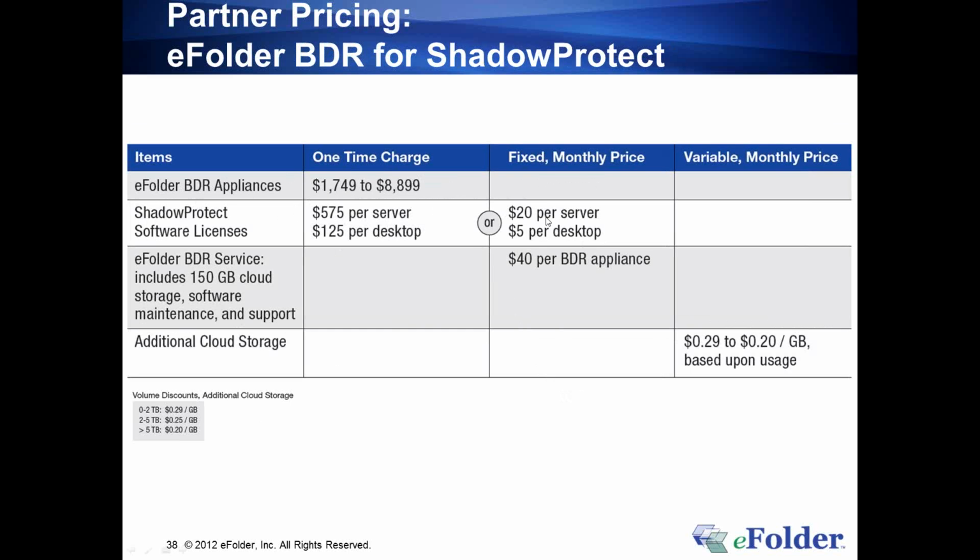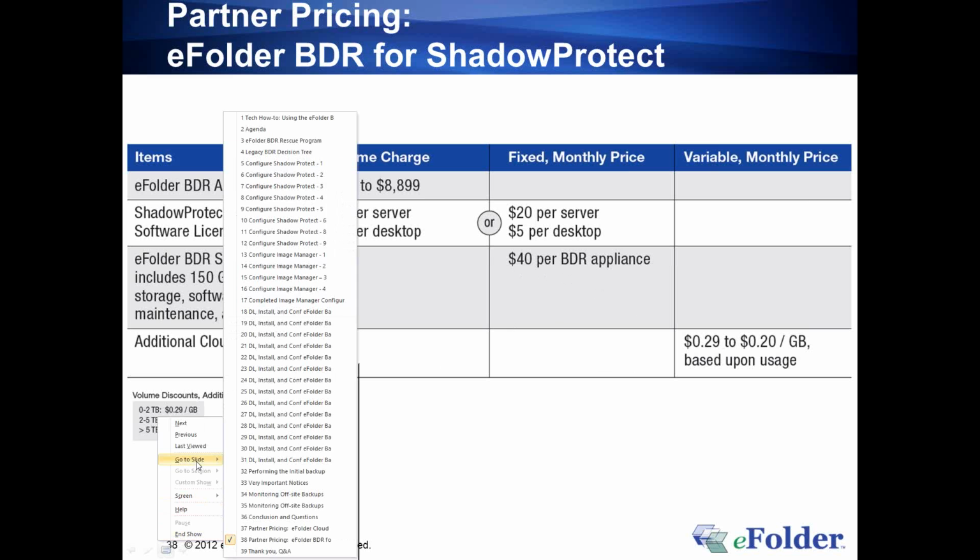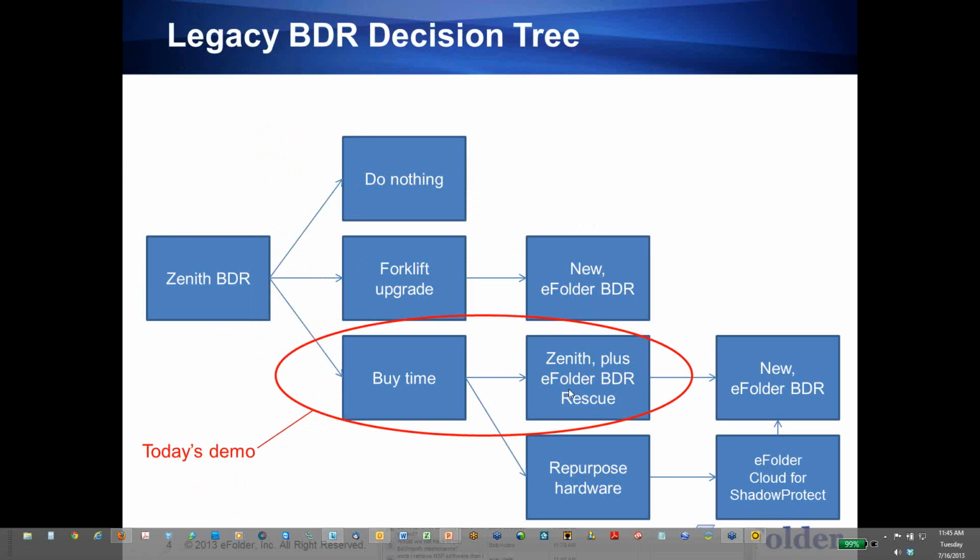The only difference is really the ShadowProtect license is $20 per protected server per month, and then the way the cloud storage and services work is the same: $40 per BDR appliance, 29 cents down to 20 cents. So if you go back to the decision tree we were talking about earlier, you have different choices at your disposal.